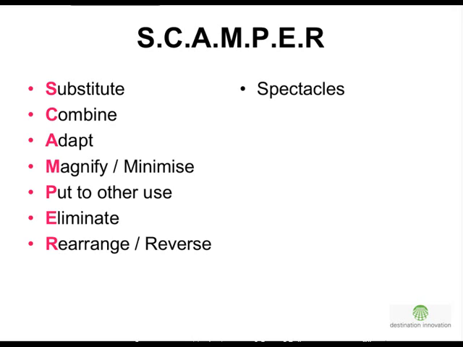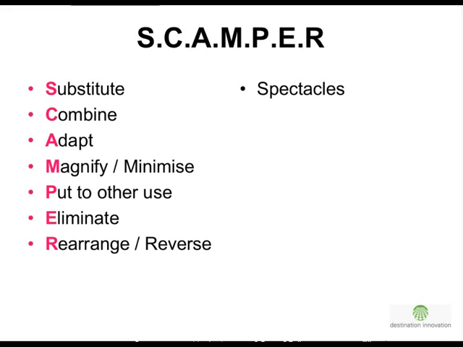For substitute, the example I give is spectacles. If you were making spectacles in the 1950s, then you could say, what could we substitute for any aspect of the spectacles? You might say, well, we could have a plastic lens instead of a glass lens, or a scratch-proof lens, or a plastic frame instead of a metal frame, or a very soft bridge instead of the hard bridge that we've got on the nose.